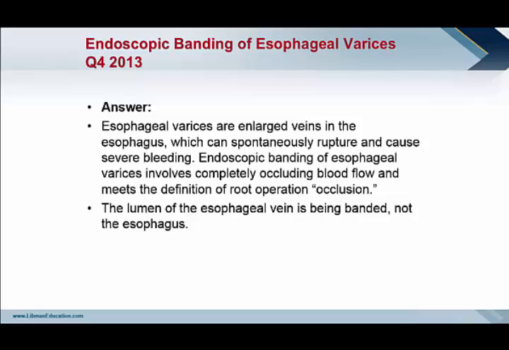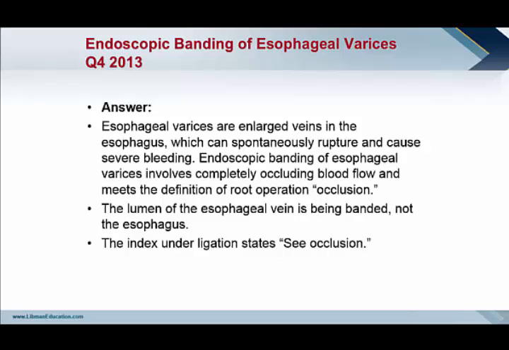The index under ligation states C occlusion. And this is actually a good time to point out that the index in the PCS classification is really an exquisite document. It does a lot of translation of things, as you see here, turning ligation, if you don't know the root operation, sending you to C occlusion. But here is the answer.